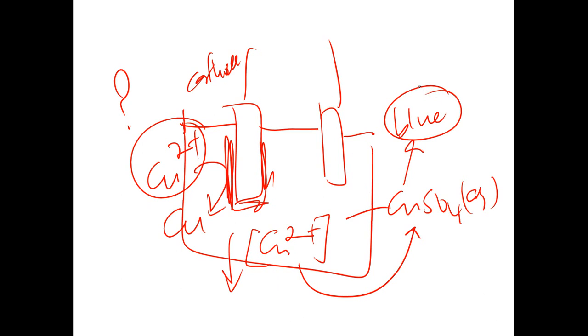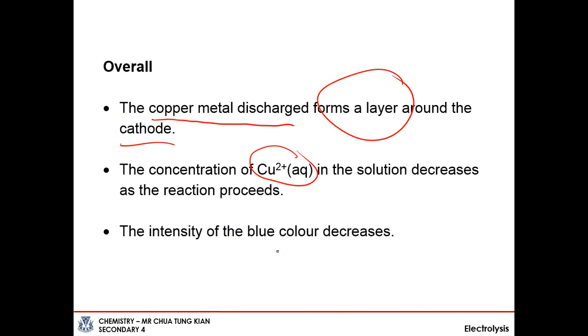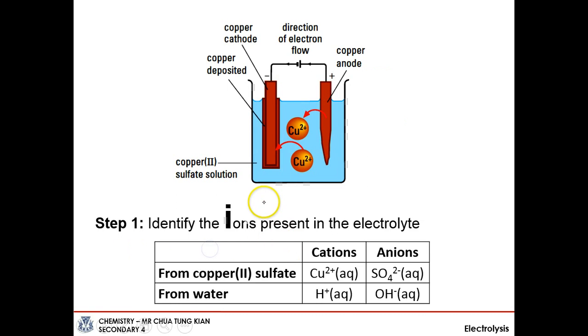It's blue. So as the concentration of Cu2+ drops, the blue solution will actually fade. Or you can say that the blue color becomes less intense. So essentially it becomes lighter in color. Why? Because it is not being replenished. So the intensity of the color decreases.